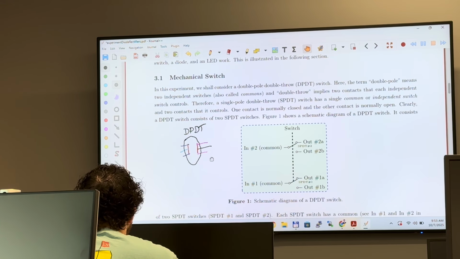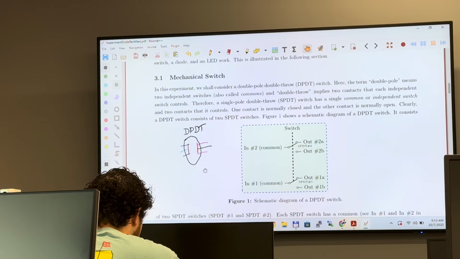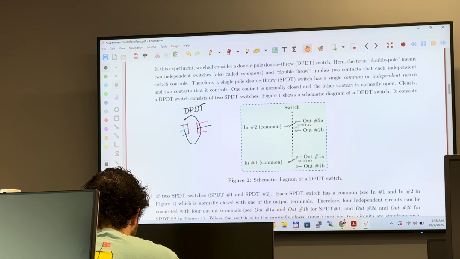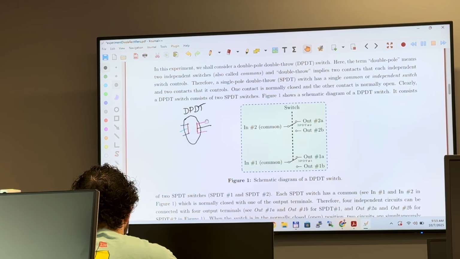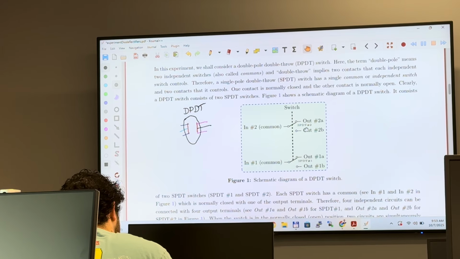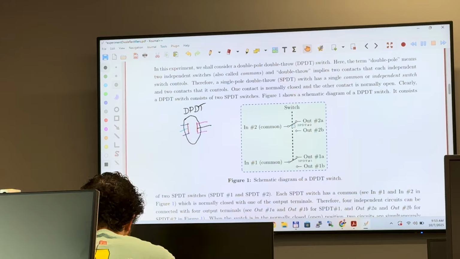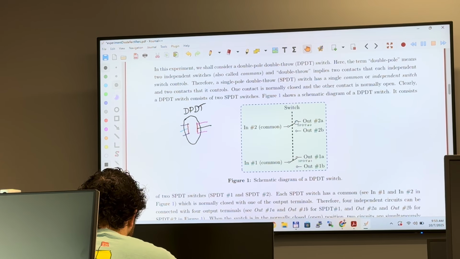Our previous laboratory director made these switches. So now we have two inputs, and each input is connected to two different outputs like that. When you flip the switch, this wiper is going to connect to this terminal. If you flip the switch the other way, this wiper is connected to this output.